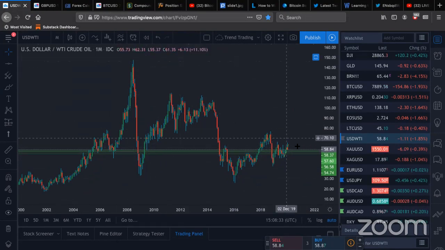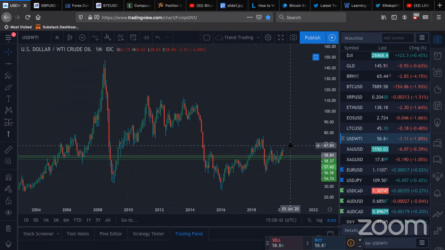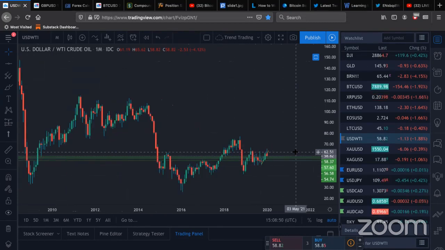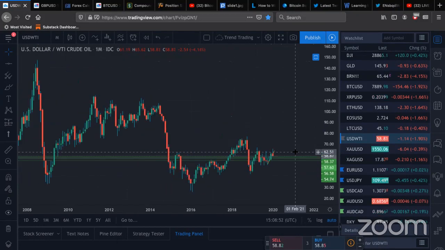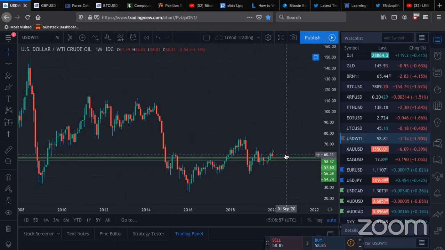Are we going to see $40 or even 24 before we make a higher high than the high we saw during that spike? I'm not saying that's going to happen, but it's a possibility. And why is it a possibility?